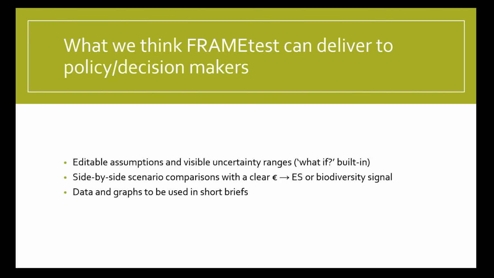Could be euro per unit, so how much it costs to increase different ecosystem services or biodiversity indicators, and compare in different conditions with different levels of schemes, for instance, payment per hectare, how the final result will be affected. And finally, to have data and graphs to be exported and used to support short policy briefs.